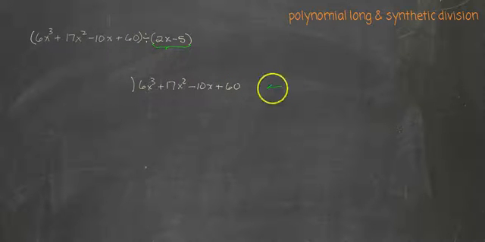And this may not have been the best example because it didn't show something that must be done. But remember, you have to write this inside in descending order, and representing every power of x.